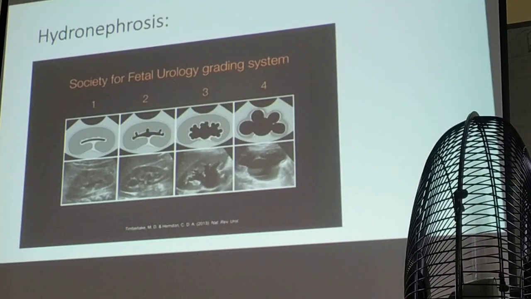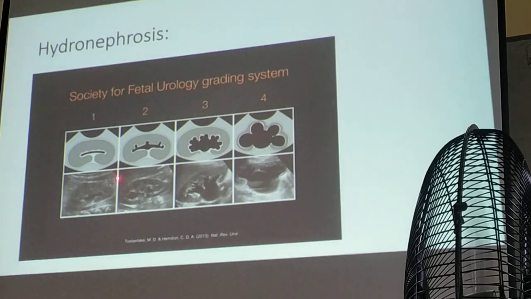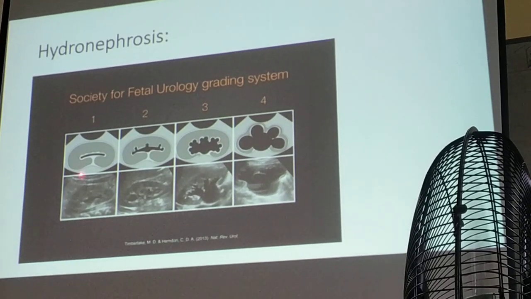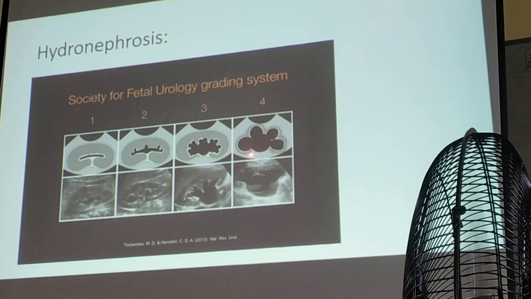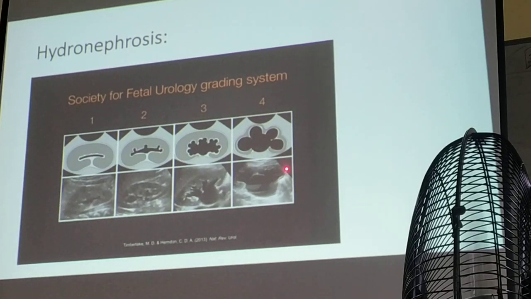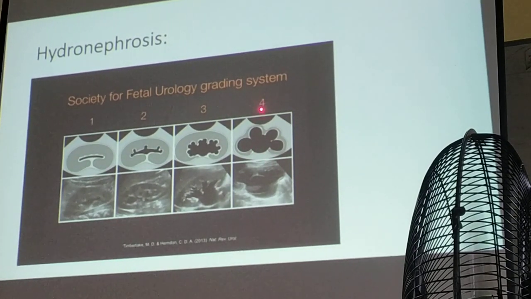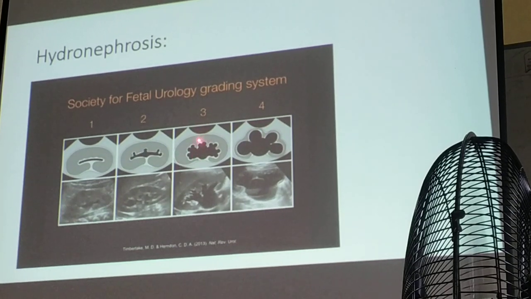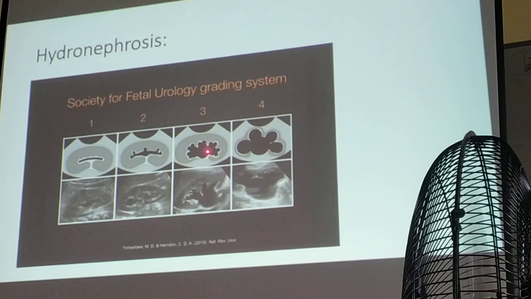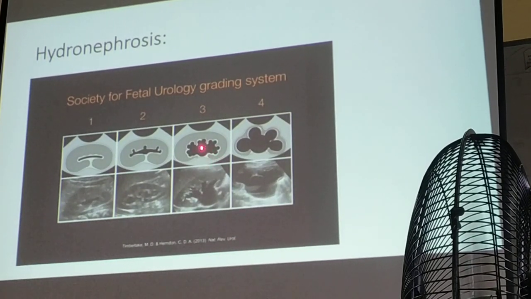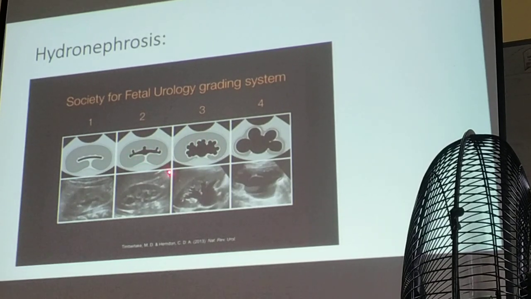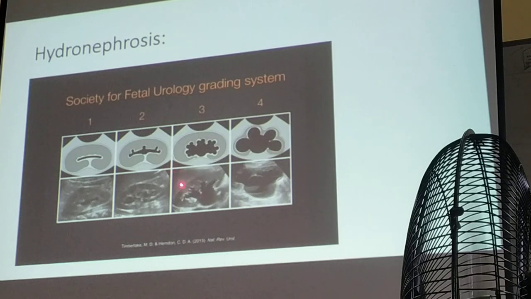Okay, if you're going to do the grading, the degree of dilatation would be this. So there would be massive dilatation. That would be grade 4. Grade 3, still the cortex is within the normal measurement. Whereas grade 2, there's minimal dilatation.